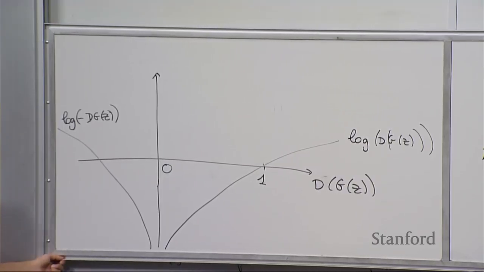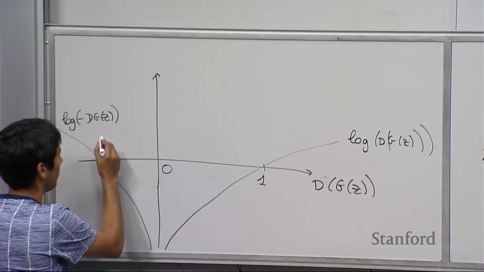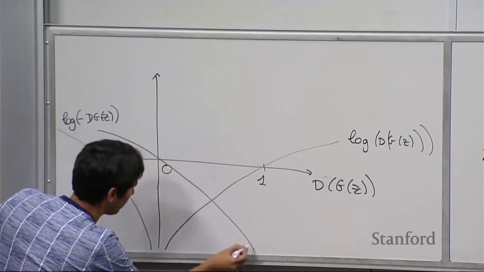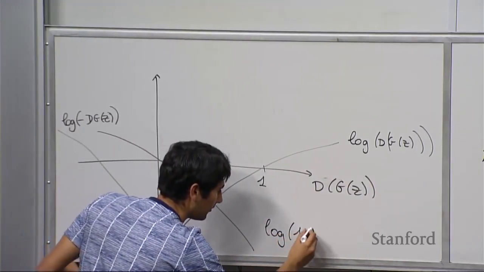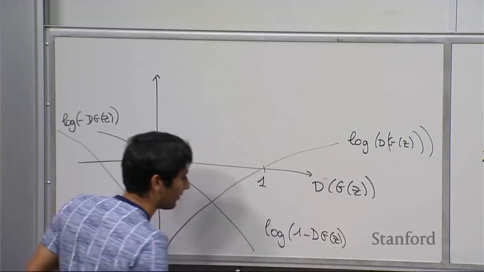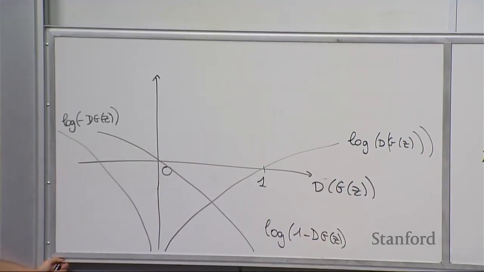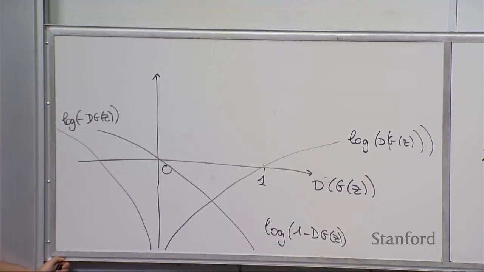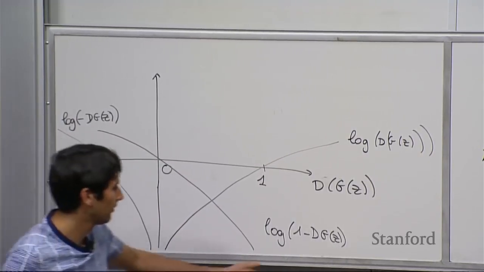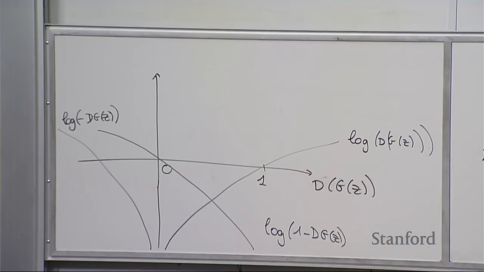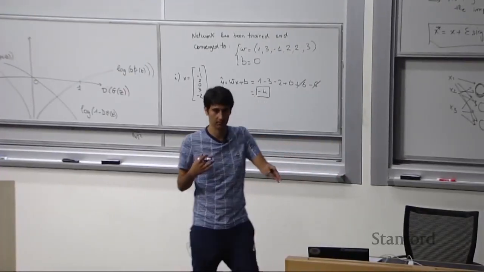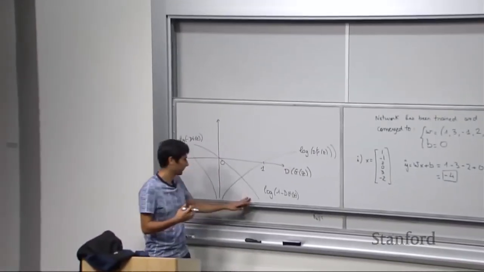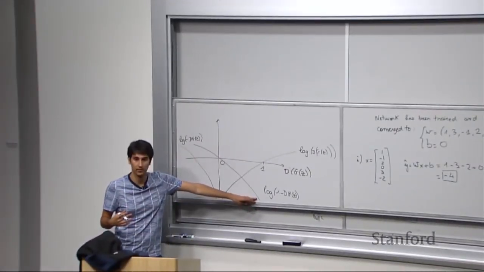Now what I'm going to do is plot another function, which is logarithm of 1 minus D of G of Z. Okay? So right now, what we're saying is the cost function of the generator is logarithm of 1 minus D of G of Z. So it looks like this, right? It looks like this one.